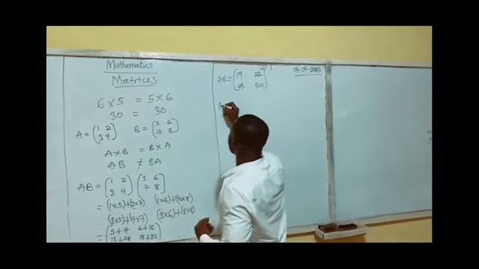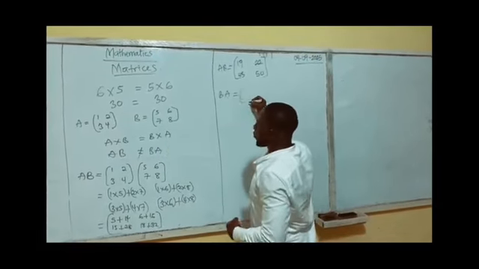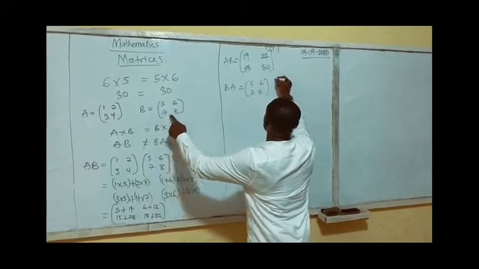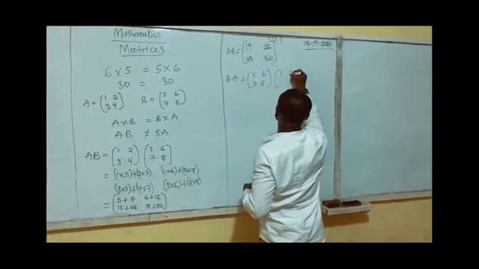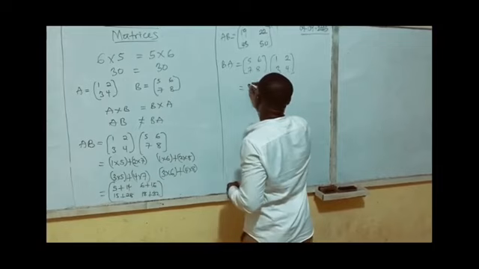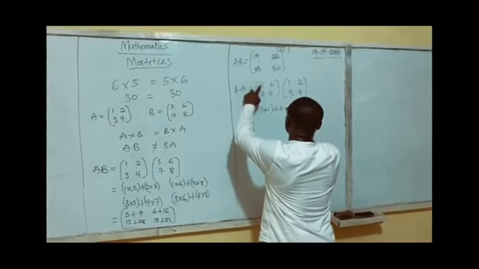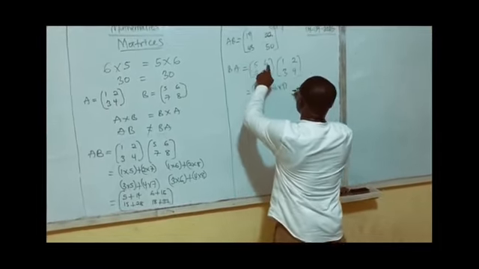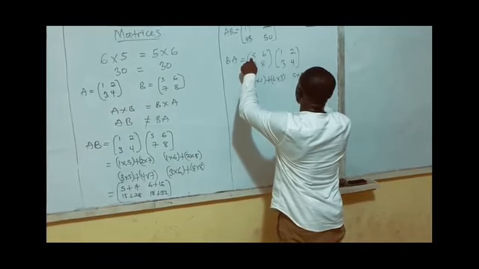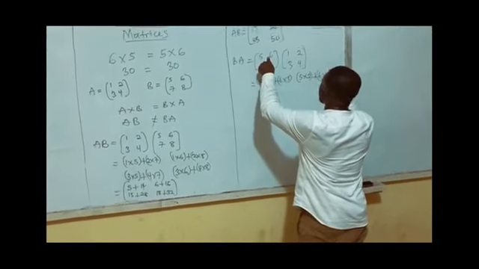BA means matrix B now comes before matrix A. Matrix B is 5, 6, 7, 8, multiplied by matrix A, 1, 2, 3, 4. Multiplying, we have 5 times 1 plus 6 times 3, then 5 times 2 plus 6 times 4.